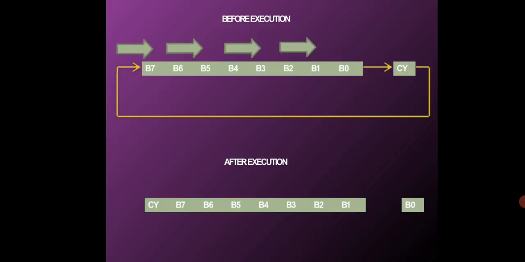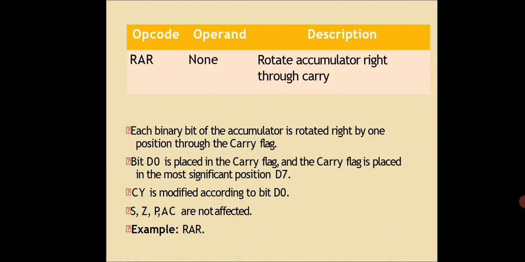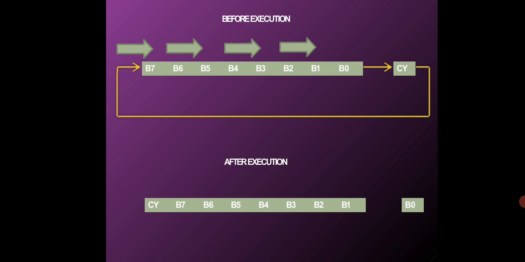You can see in this example that only CY and B0 are replaced. B0 goes to carry and carry goes to B0, and no other flags are affected in this instruction.